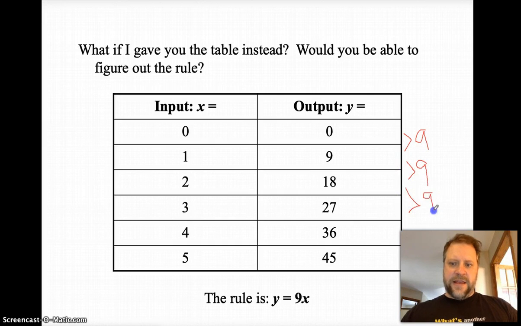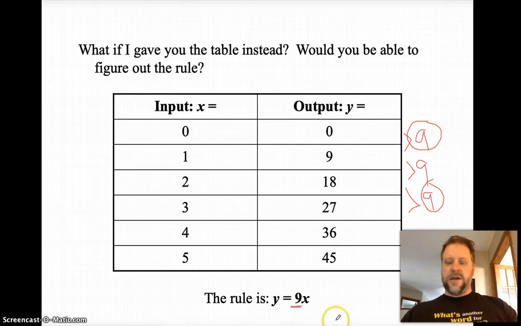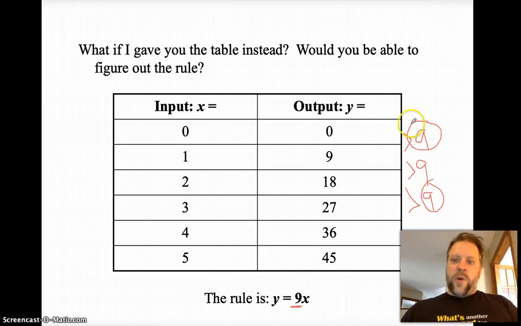And that's key, because this right here, how much it's going up by every time, is going to be a consistent number, and it's going to be the number that I am multiplying times x. So in order to figure this out, what we need to do is look at how much it's changing each time, and that's the part that is being multiplied times x. Let's try another one, see if we can do it here.